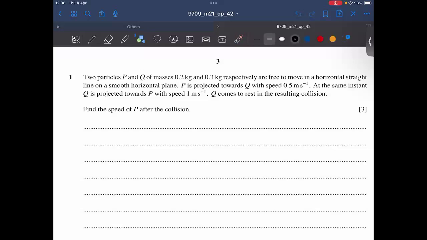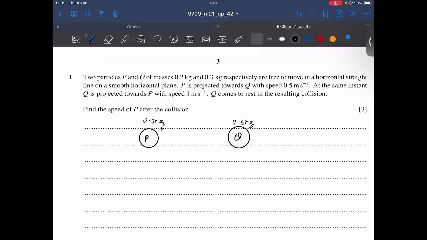Okay, so we have P and Q. This is P, and this is Q, and this is 0.2 kilograms, and this is 0.3 kilograms.